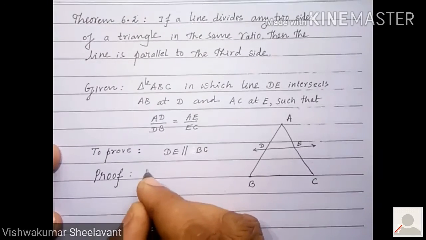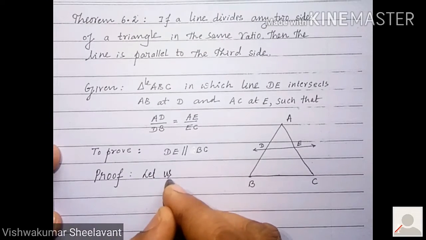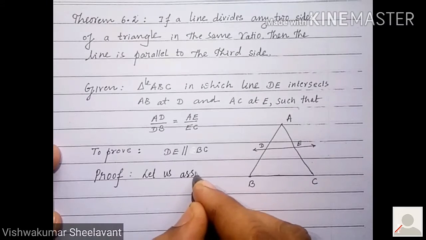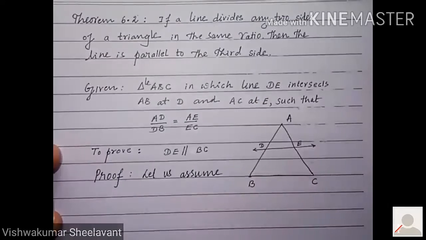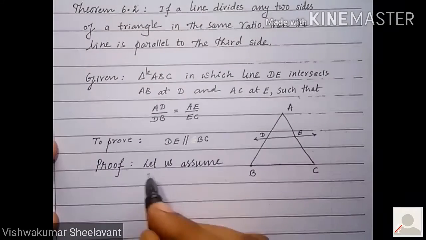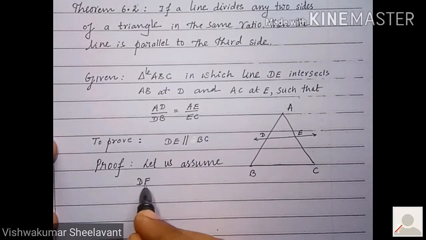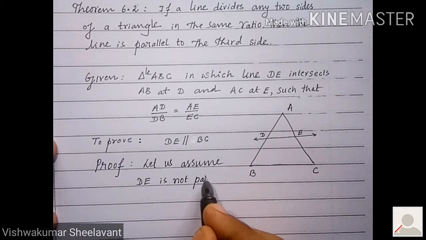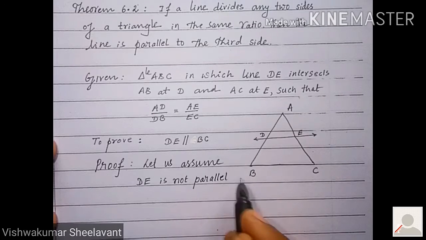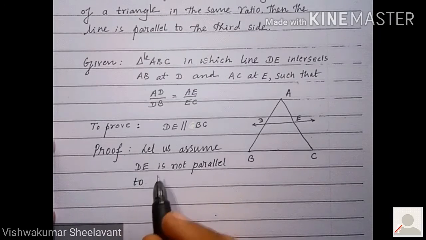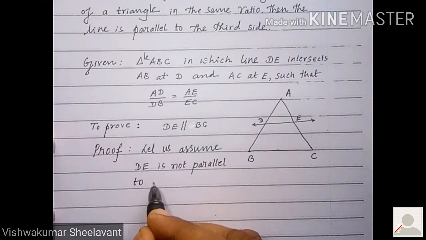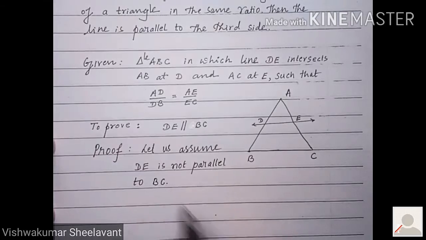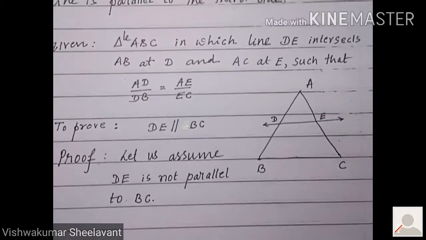So we'll write: let us assume DE is not parallel to BC.